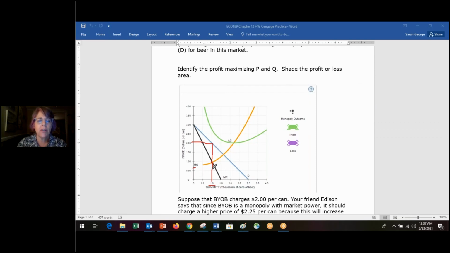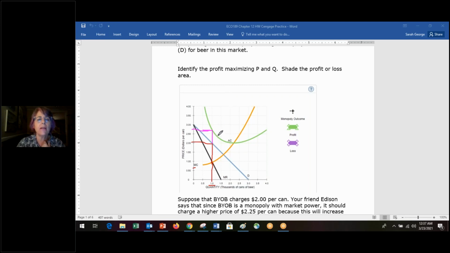At the same Q, you're going to bounce up here until you hit the average total cost curve. I did this problem earlier today. I think that this crosses here at like 2.75 or something. So how do you find the profit or the loss? Well, we know it's the difference between the price and the average total cost given a particular Q. At a Q of 1,000, the price is going to be $2.